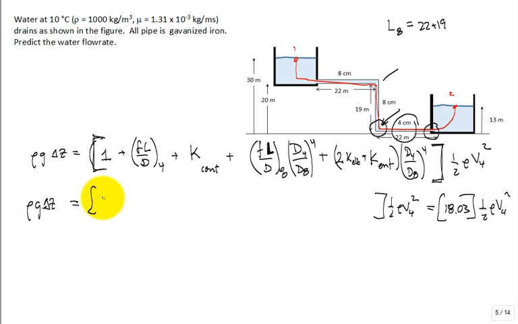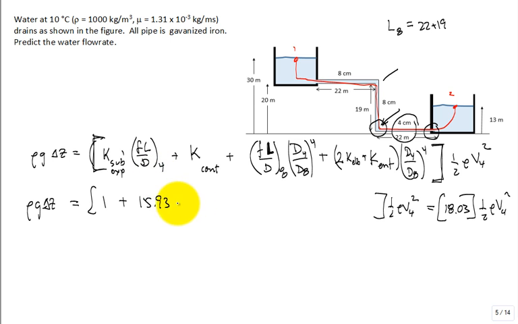The first term is 1. Then for the major friction, it's 15.93 in the 4 centimeter pipe. For the contraction, oh, I forgot also, this 1 is the K for the expansion, the submerged expansion.